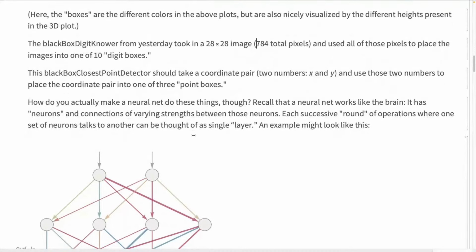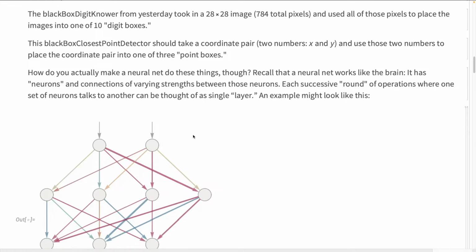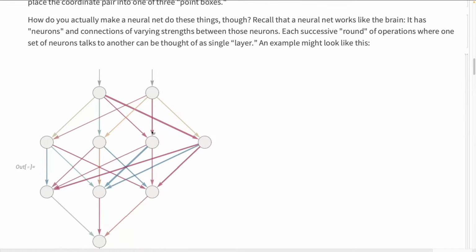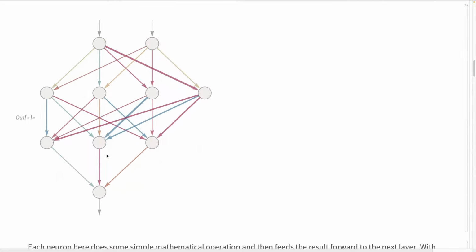So how do you actually make a neural net learn these things? How do you make it perform this task? Again, a neural net works kind of like a brain. It has neurons and connections of various strengths between the neurons. Each successive round of operations where one set of neurons talks to another can be thought of as a layer. So you can think of it like this.